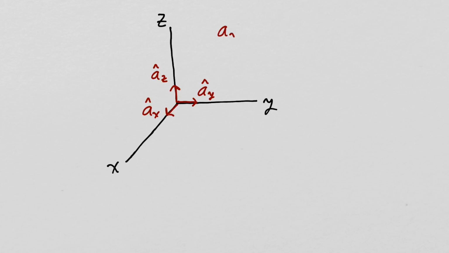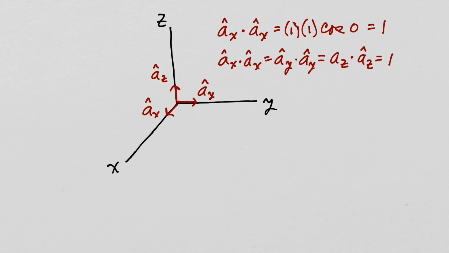So the dot product of aX with aX will be the magnitude of aX, which is 1, times the magnitude of aX, which is 1, times the cosine of the angle between them, which is 0 degrees. And since the cosine of 0 is 1, the result will be 1. So the dot product of a unit vector with itself is 1.